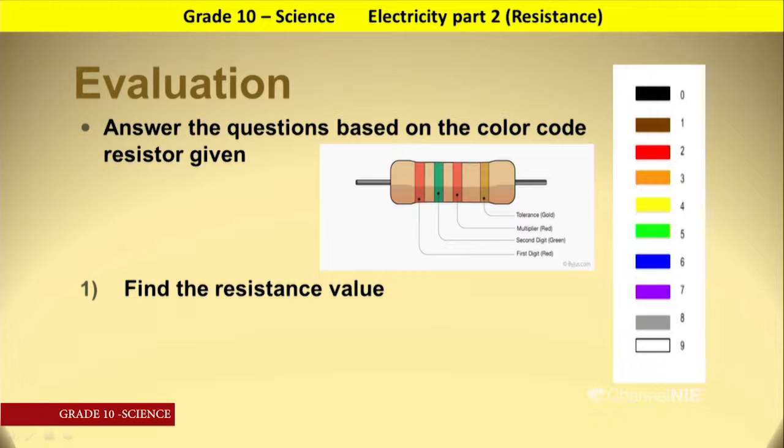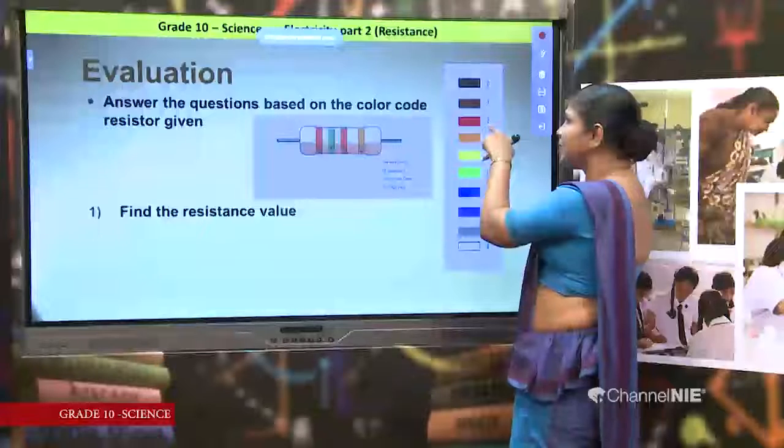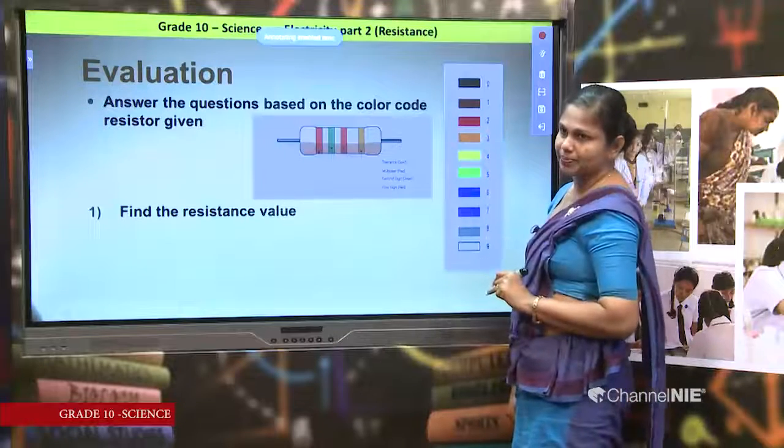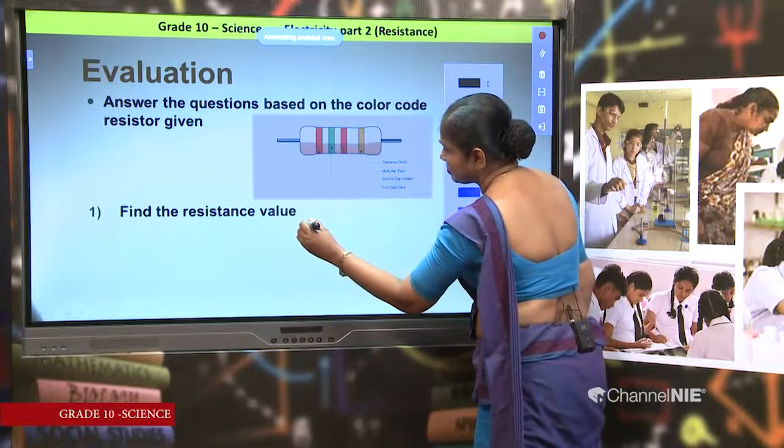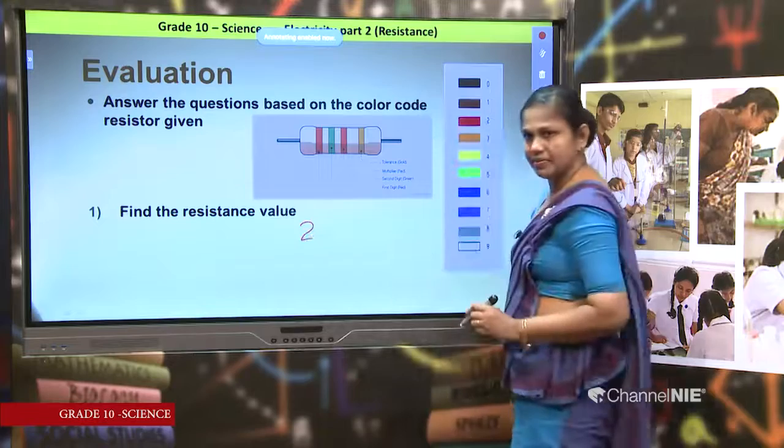Find the resistance value of this particular color code resistor. Now look here, children. The first band is red. What's the code number relevant to red? 2. Then you have to write 2 here. The first number must be written.